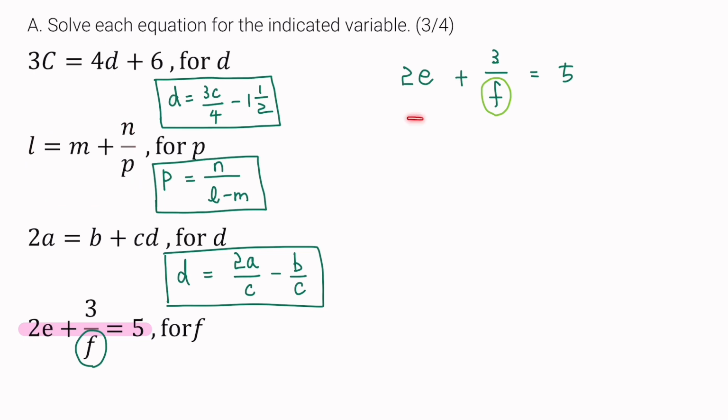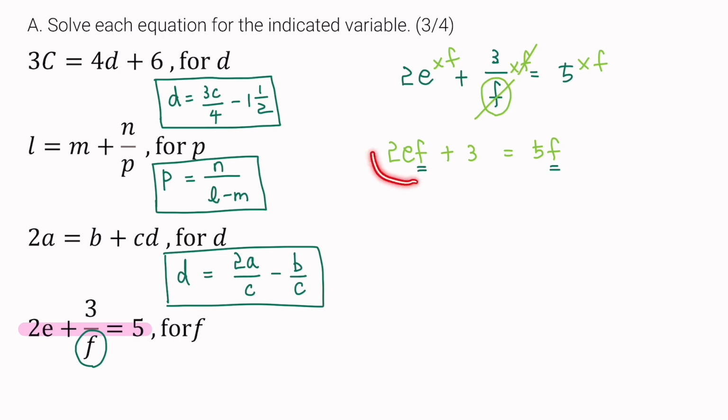Well, as I have already told you, it's not a good idea to have a variable that you're solving for in the place of the denominator. So I am going to try to get rid of this f in the denominator by multiplying f to every variable in this expression. That way we can eliminate that variable f from the denominator and end up with 2ef plus 3 is equal to 5f, and we are solving for the variable f.